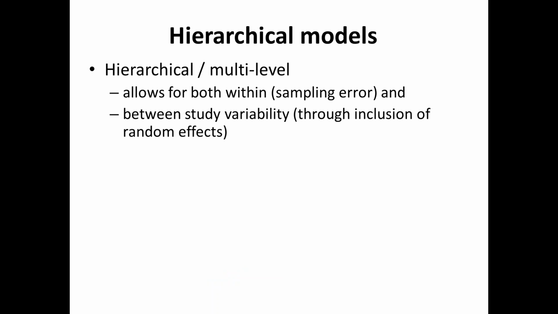So the methods that are recommended are hierarchical or multi-level models, or they're also called mixed models. And the reason for that is because they include both fixed and random effects in the model. Now, hierarchical models allow us to account for the within study variability, so sampling error is taken into account. Also, between study variability is accounted for through the inclusion of random effects.